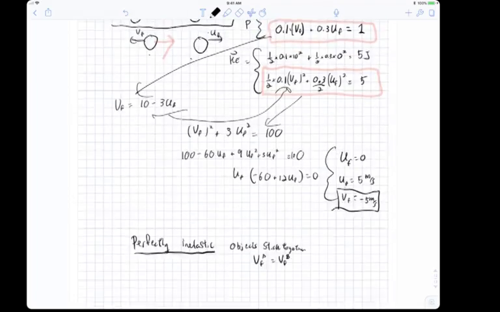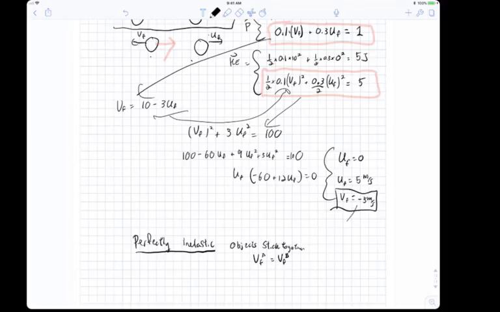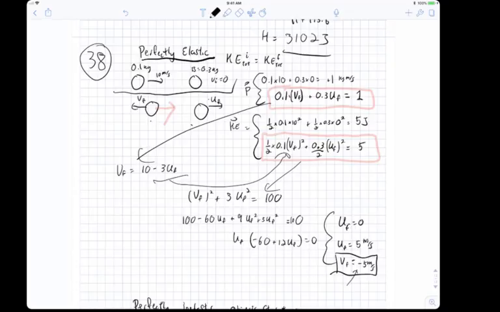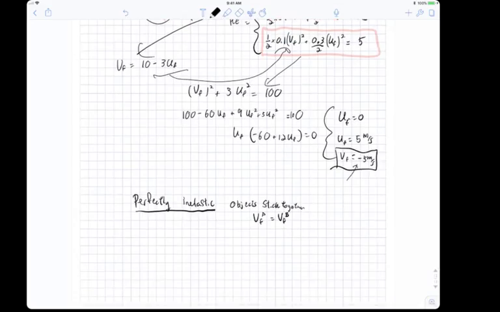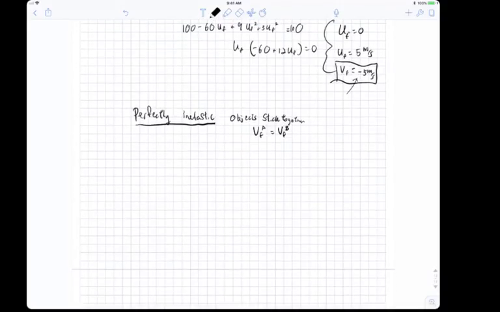That said, you can get a positive velocity for this one. It's usually a positive velocity if this one's the heavier one and this one's the lighter one. If this one's heavy and this one's light, then this one will end up moving forward. So the thing that I noticed was that this one is lighter and it shouldn't move forward after the collision, it should move backwards. A little bit of physical intuition, huh?